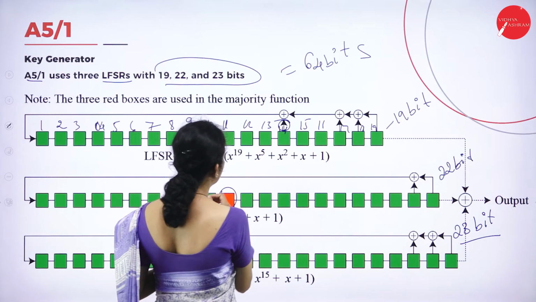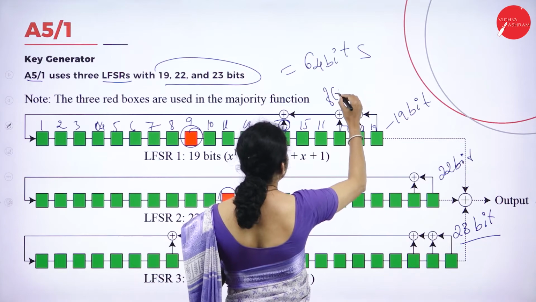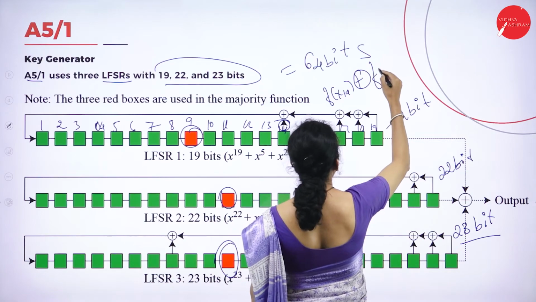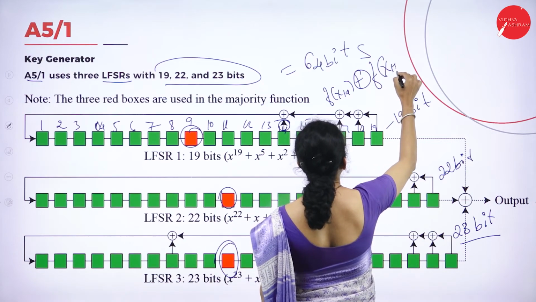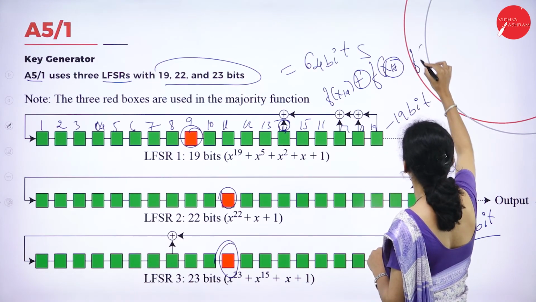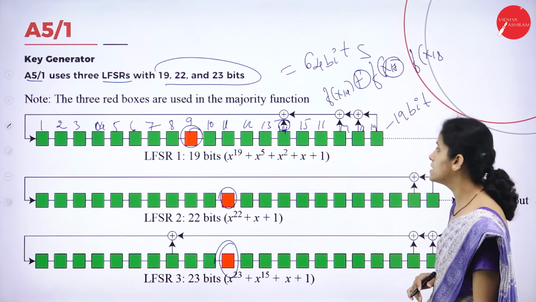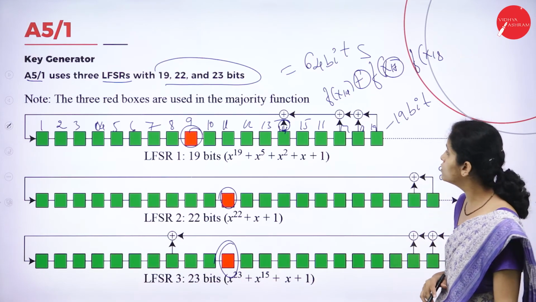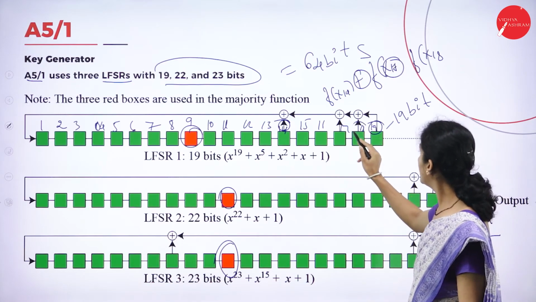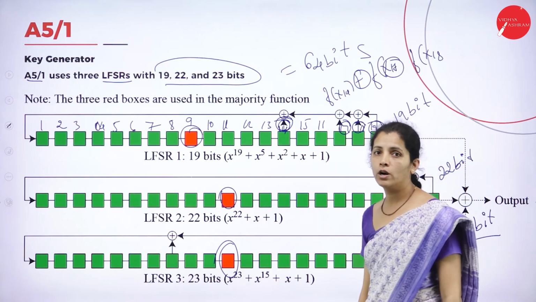So I write it as the function f of x13 XORed with f of x16, f of x17 and f of x18. That means to perform the XOR operation, I use the 19th bit, 18th bit, 17th bit as well as the 14th bit.